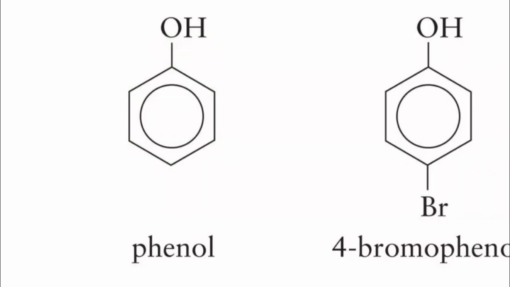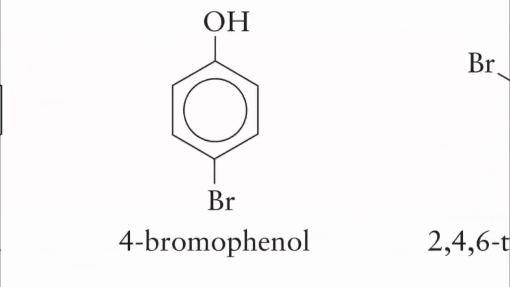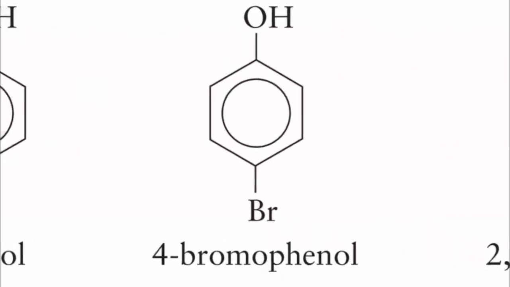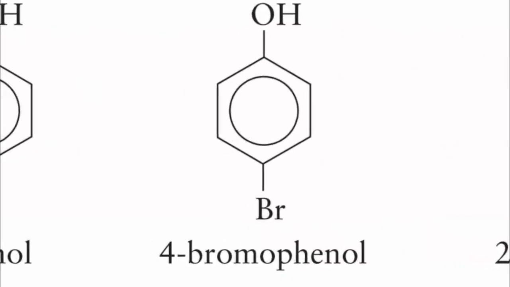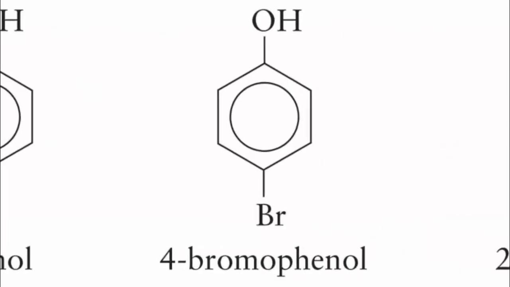When we are naming things that have phenol in them, let's understand that specifically the parent chain is always going to be the phenol group. That's why we see the word phenol at the end of the compound.